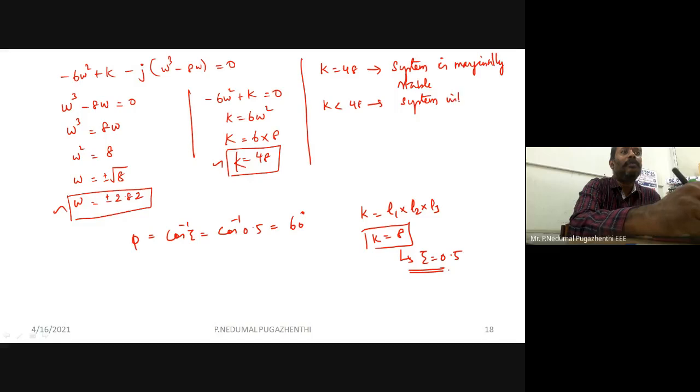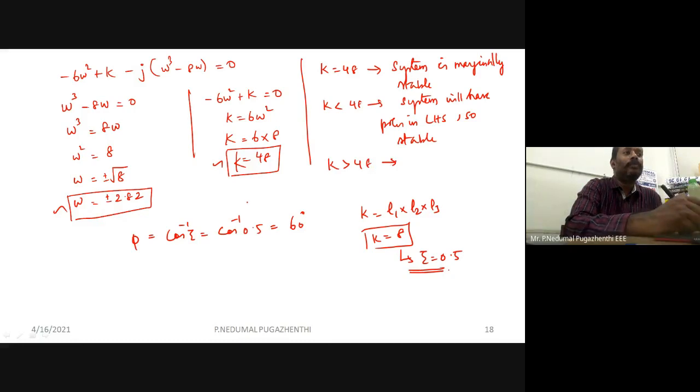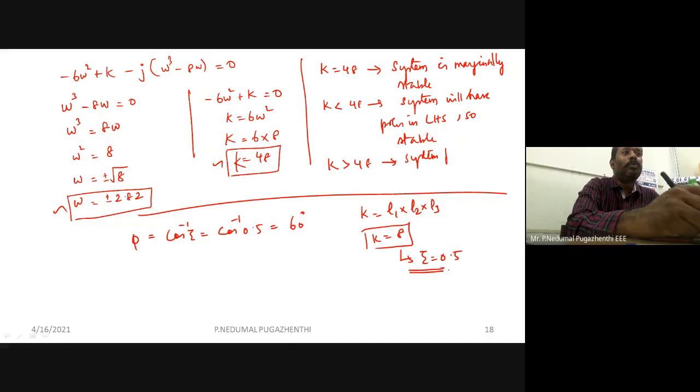So stable. If you increase K more than 48, system poles will be in the right hand side of the S plane. So system is unstable.